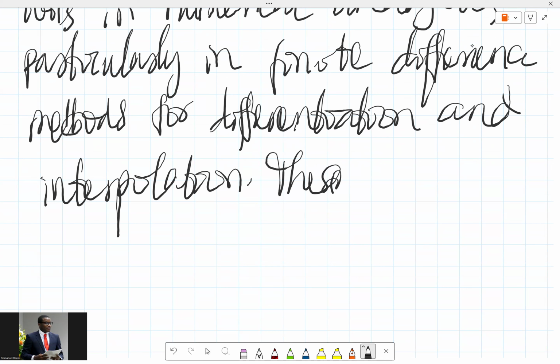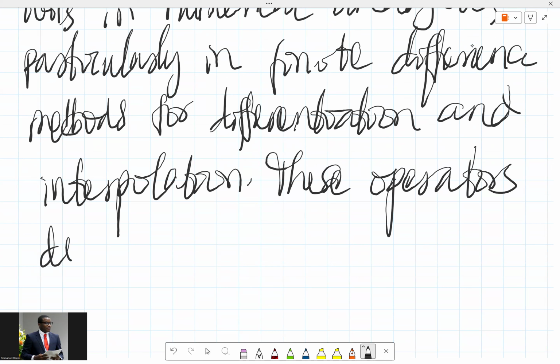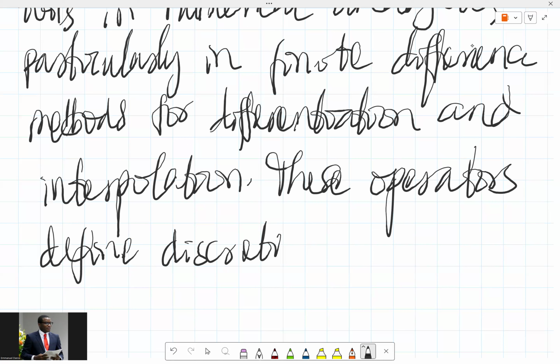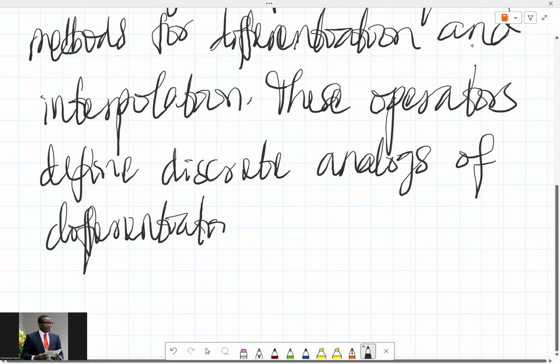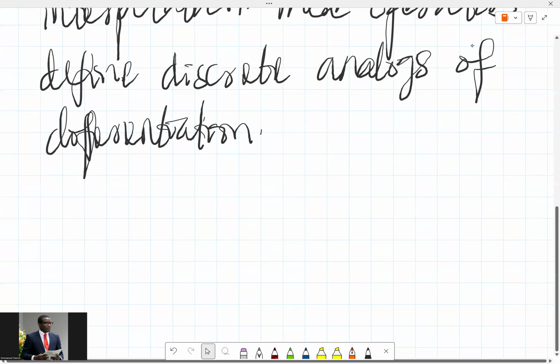These operators define discrete analogs of differentiation. So let's go ahead and begin to talk about them.